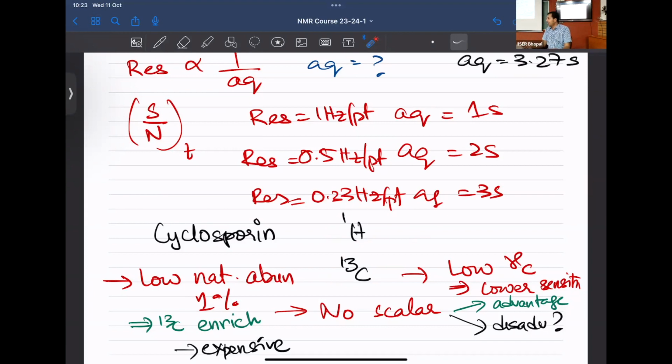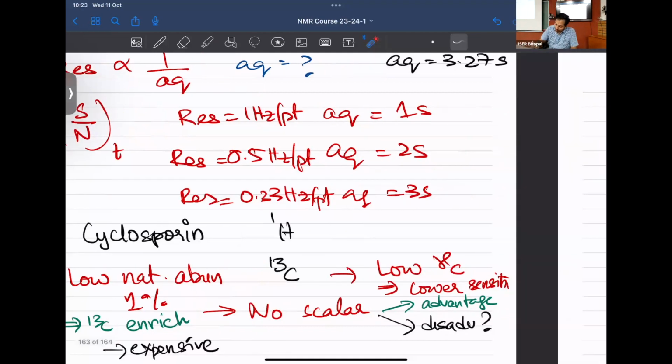Is that true? Interestingly, people find that drugs' efficacy increases as you have more fluorine atoms. Okay, that we'll keep aside. So therefore, it helps people to screen drugs using fluorine NMR. So we'll keep that away. But apart from that, you are not going to have a situation where you'll be able to get other heteronuclear 1D NMR at a high sensitivity, right?